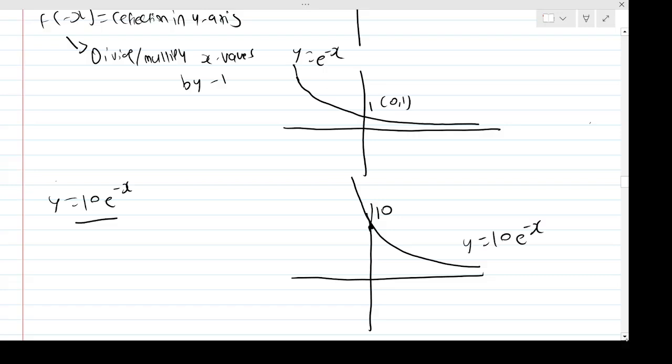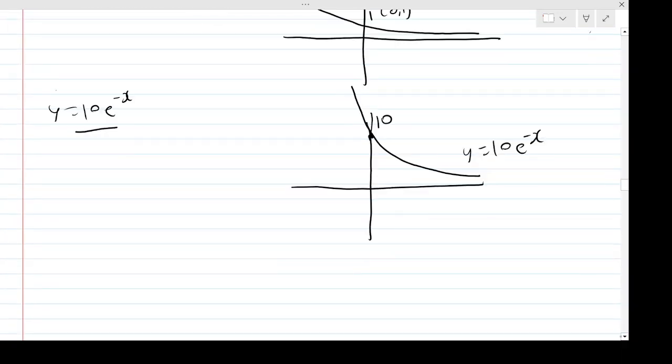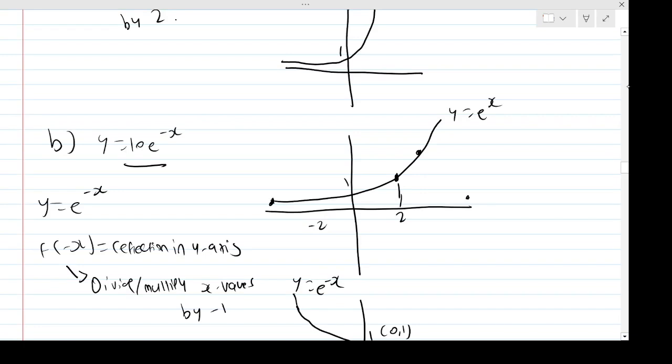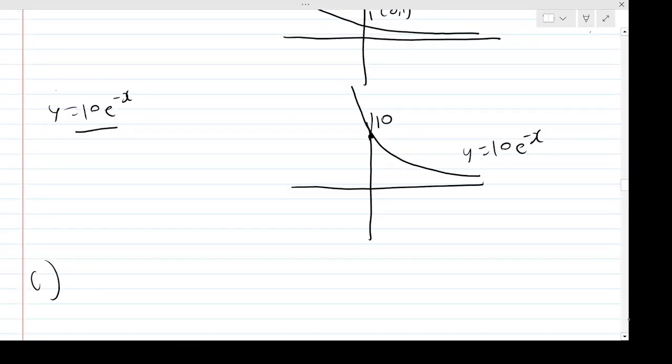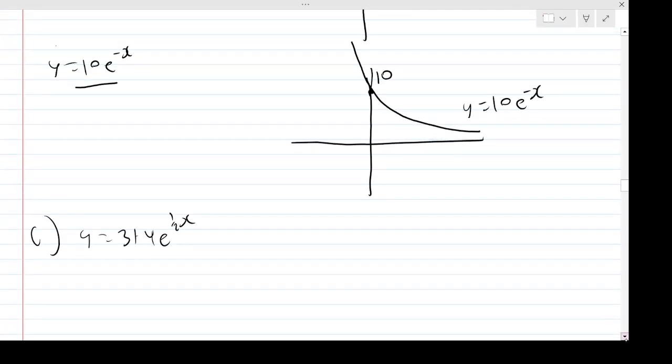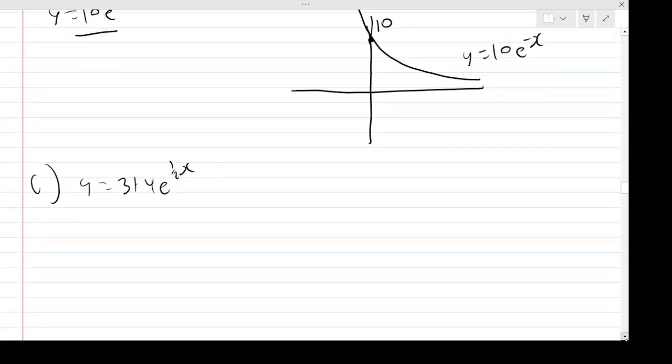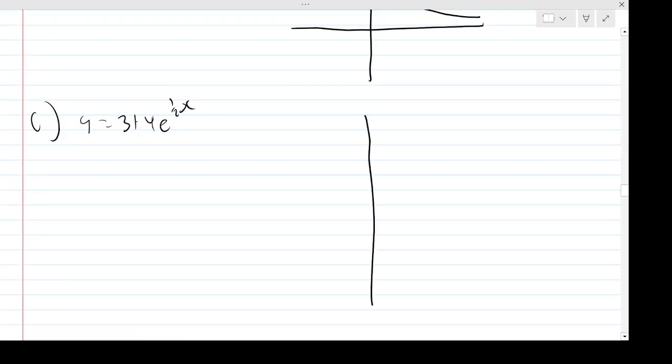Okay, then part C, we need to sketch y is 3 add 4e to the half x. Okay, so firstly, there's a lot of stuff going on here.